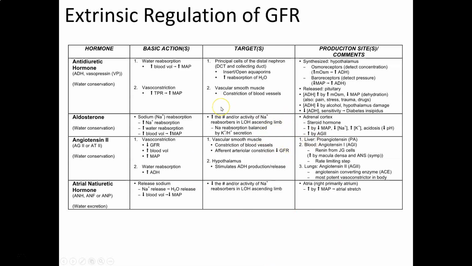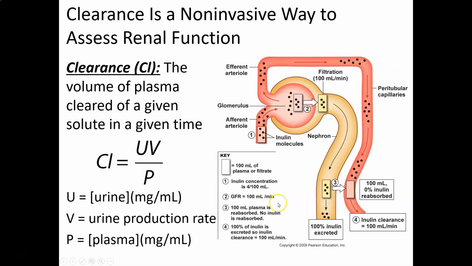In addition, for our group problems, it's likely you'll see these hormones there as well. So certainly understanding these hormones and how they function is an important part of this. I'm not going to do the summary here, but you can kind of read it and figure that's pretty important. So that's the extrinsic regulation of GFR, and we're not going to worry about any others.